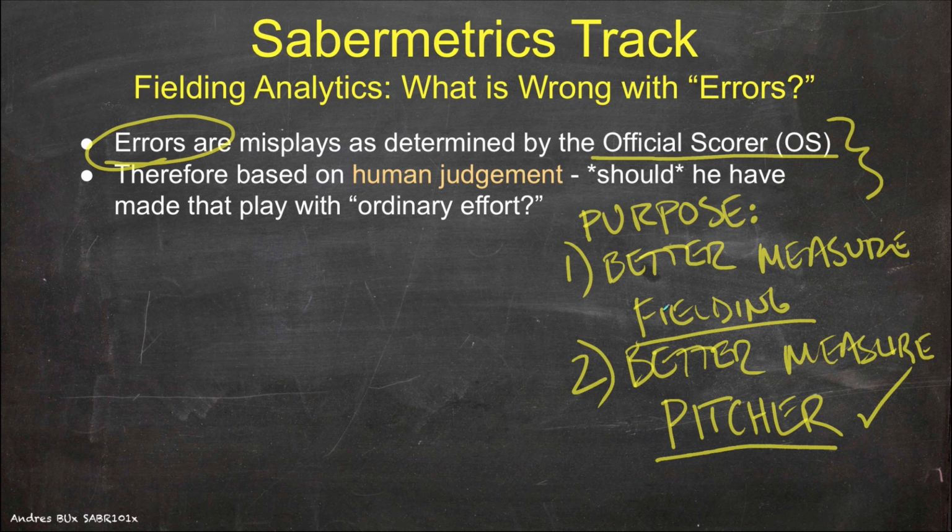So the two purposes of going through all this effort to determine misplays and errors was to get a better measure of fielding and a better measure of pitching. And the other thing to note is that the error determination really was based on the old game, the 19th century and early 20th century game, when there were a lot more misplays going on.